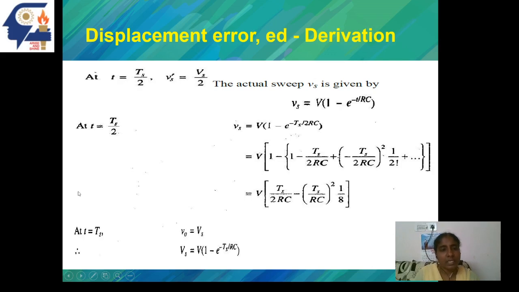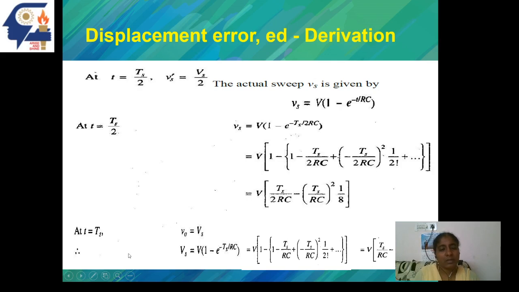Next, at Ts we are again taking the output equation and we are substituting t equal to Ts. And if we expand that, e power minus x, 1 minus x plus x square by 2 factorial and so on. If we simplify, this 1 and 1 will get cancelled, Ts by 2 Rc, and then minus 1 by 2 Ts by Rc whole square.